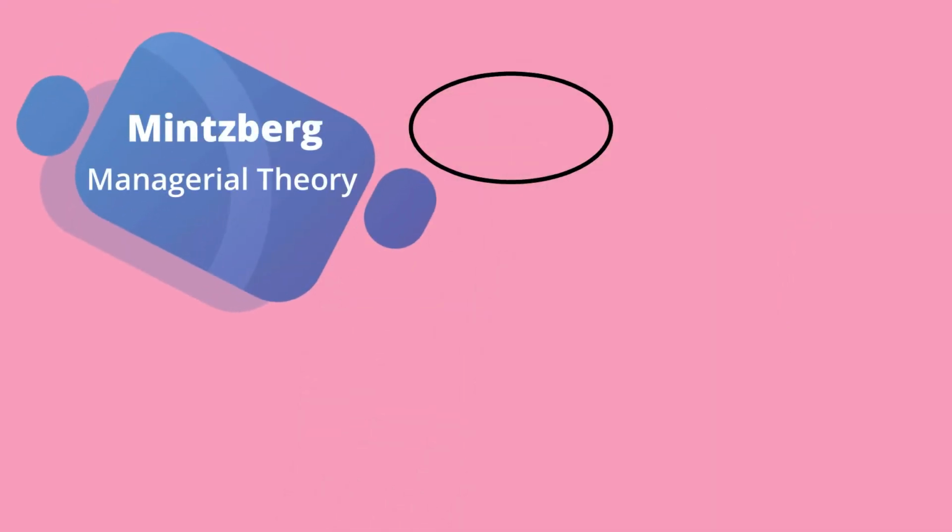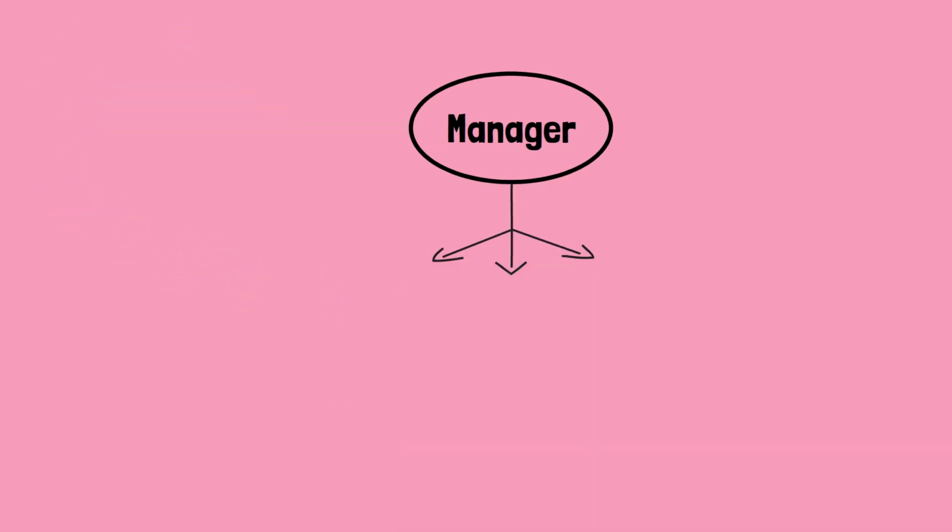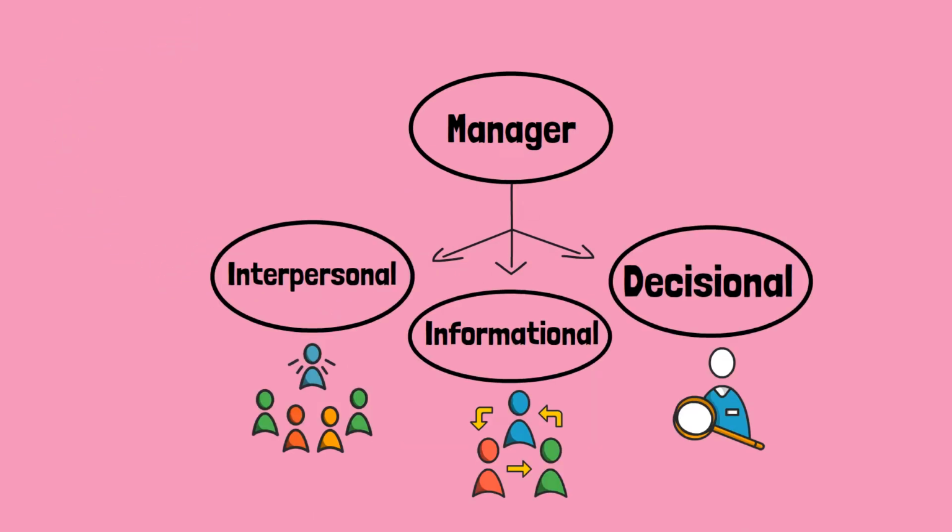Henry Mintzberg is a renowned academic, author, and researcher. His managerial theory is founded on the idea that managers are involved in 10 roles divided into 3 main clusters. Mintzberg believes that HR and its leaders must become more worldly, a term combining sophistication with practicality, not just by geographic operations.